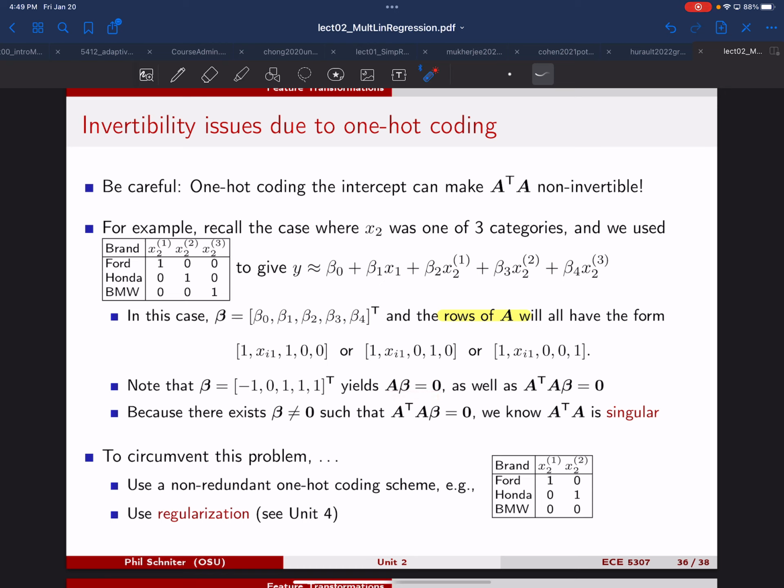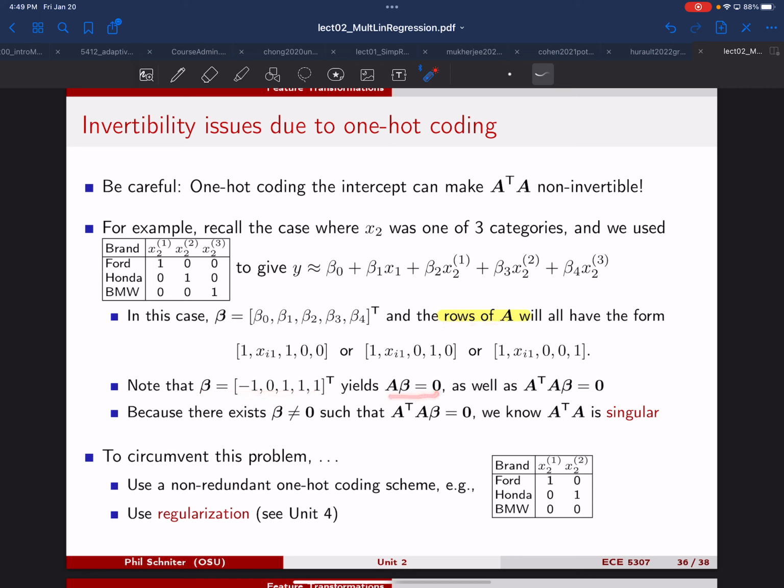Because no matter what the value of X is, I'm going to zero that out when I take the inner product of this and this. Then this times this plus this times this will give me 0, and then these will also give zeros. So hopefully you can see that when you take the inner product of this beta and every row of A, you will get 0.